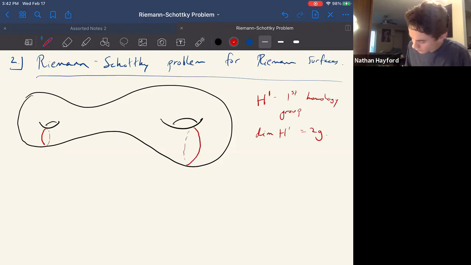So here, I'll call these A cycles. This is A1 and A2. And then we have B cycles as well, which go around the other way, like this.